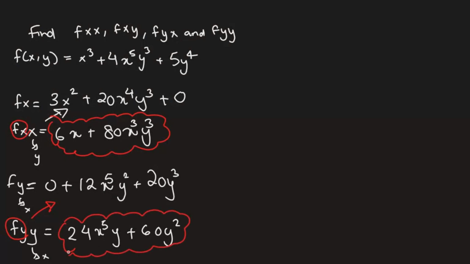Okay, so now let's go ahead and solve for f_xy and f_yx. If we want to find f_xy, what do we need first? I think you know by now that we need f_x first, but we already have f_x here, you see.